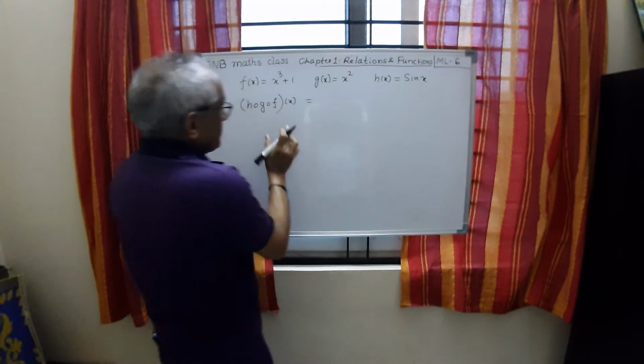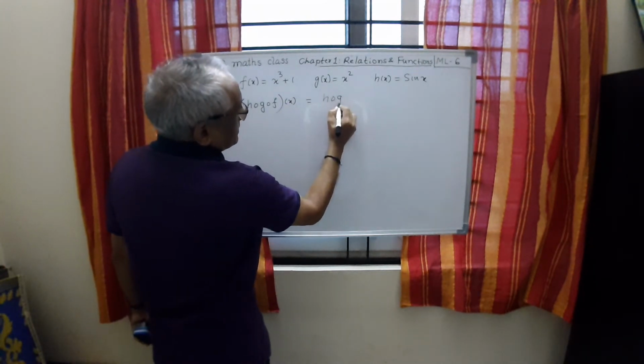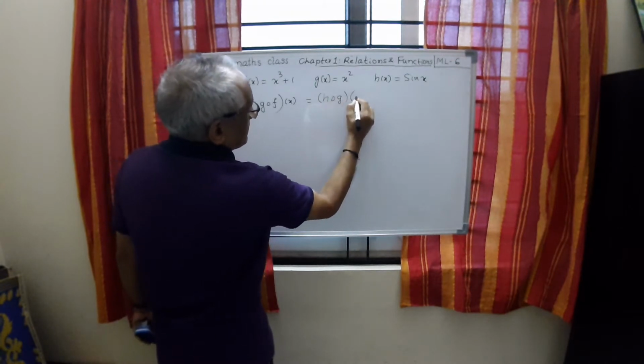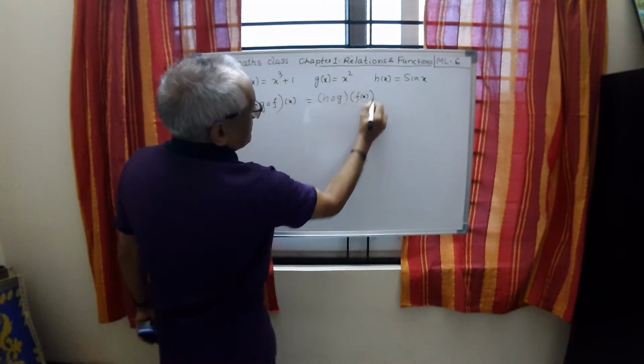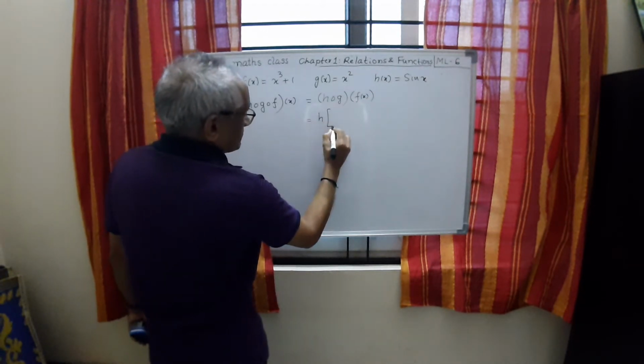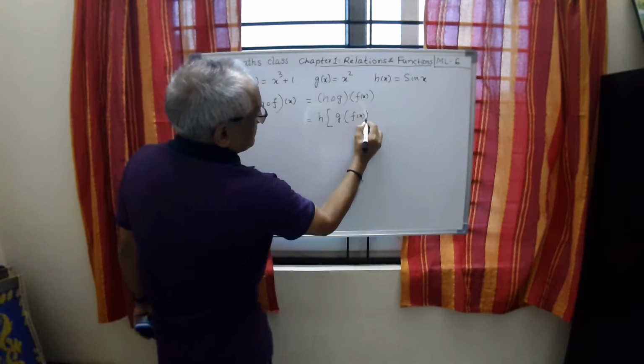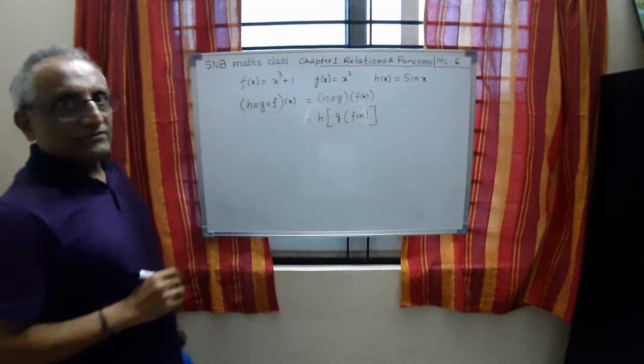First what you have to do is take f of x, so this equals h of g of f of x. So this is the definition.